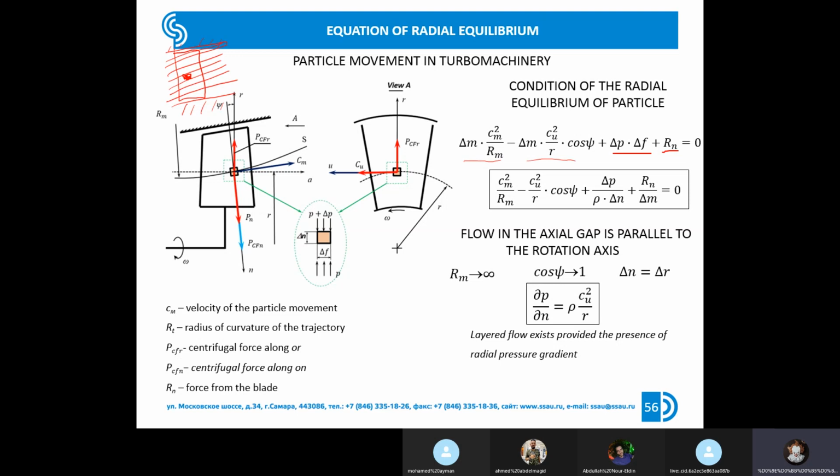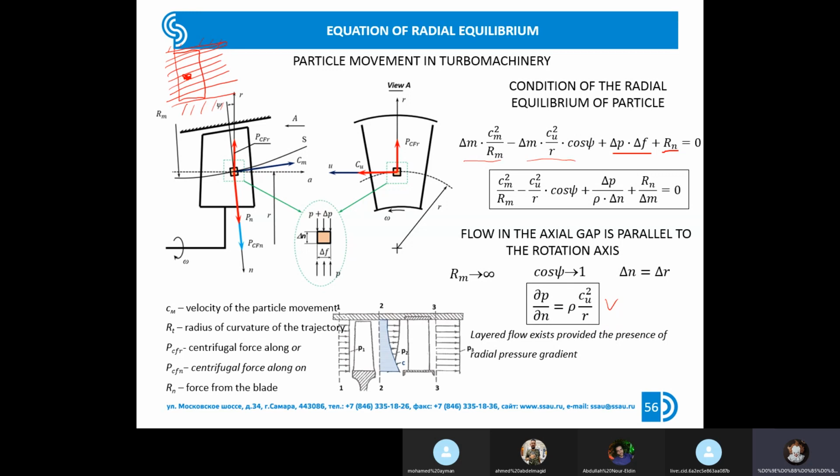And finally, this first equation of radial equilibrium can be simplified to this shape. If we look carefully at this equation, we can say that layering flow can be provided if we organize a radial pressure gradient in the channel.